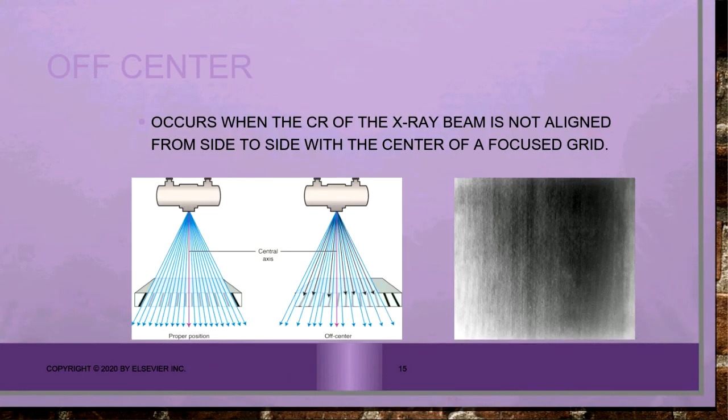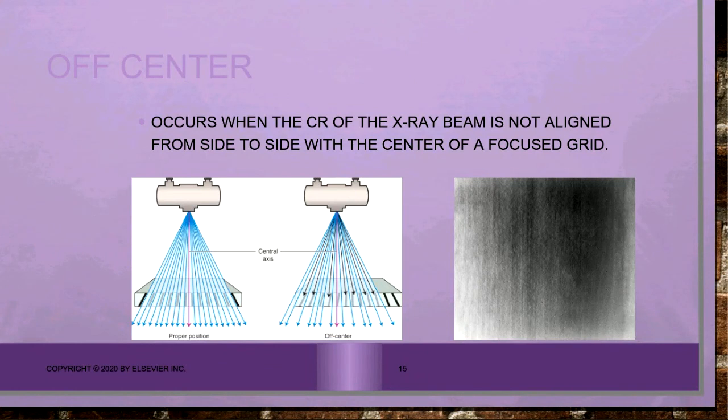Off-center occurs when the central ray is not aligned from side to side with the center of a focused grid. Typically this happens when you're not in detent, D-E-T-E-N-T. That is something that will have to be shown to you.